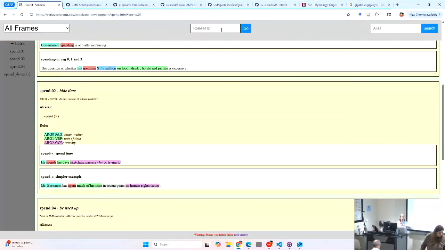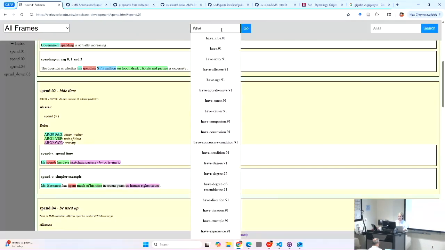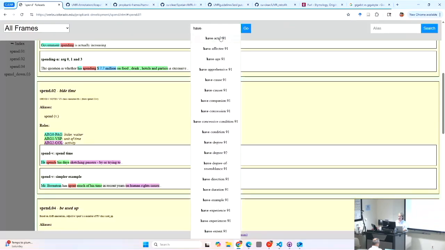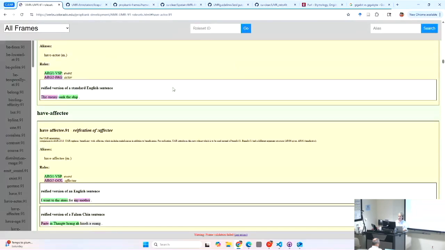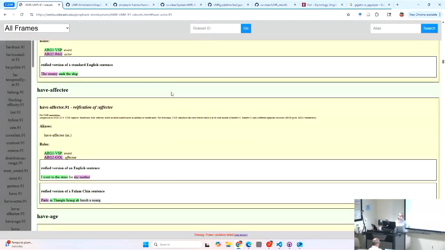We have all of the PropBank role sets in here, and if you type in, like, actor here, this will take you to all of these reification role sets. And there are examples in here that are maybe more helpful than what is going to be on this page.